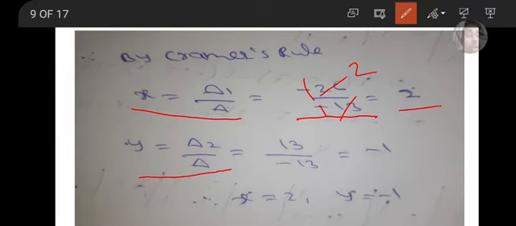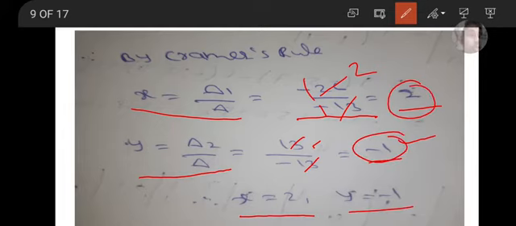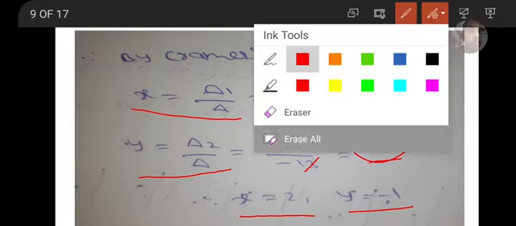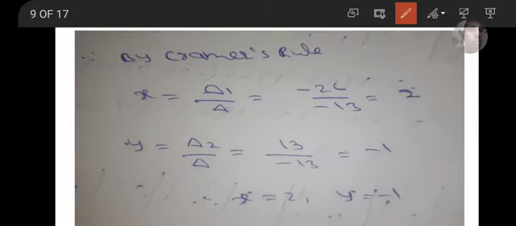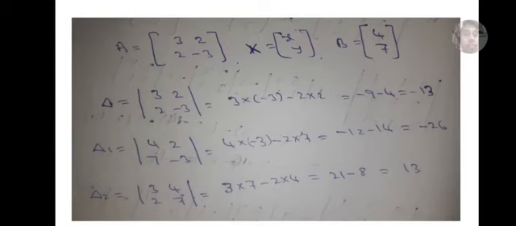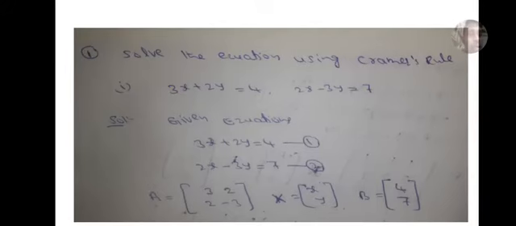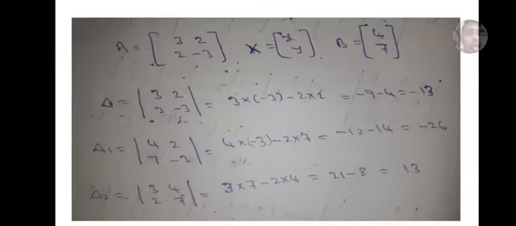And y equals delta 2 by delta, that is 13 by minus 13, the 13s cancel, and we get minus 1. So x equal to 2 and y equal to minus 1 is the solution of the given equations. It is Cramer's rule. Over here it is only a 2 by 2 matrix, therefore we get only delta 1 and delta 2. If it is 3 by 3, with 3 variables, we get delta 1, delta 2, delta 3.